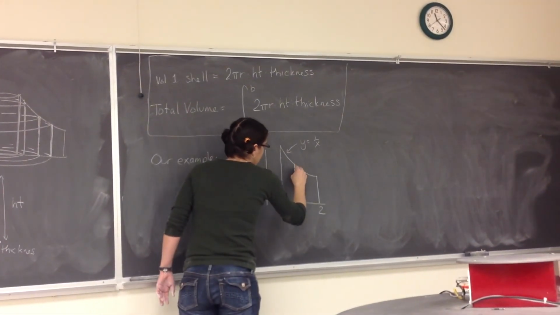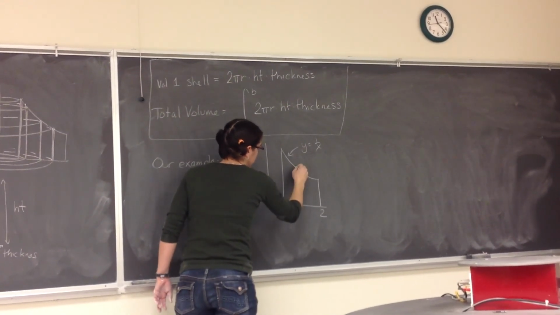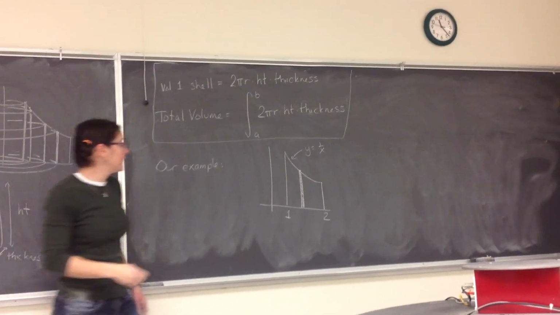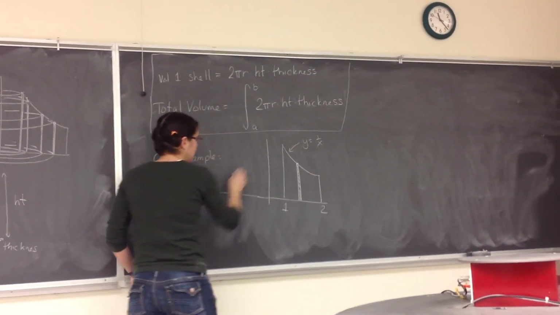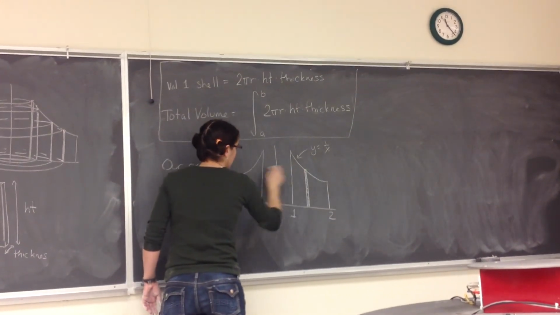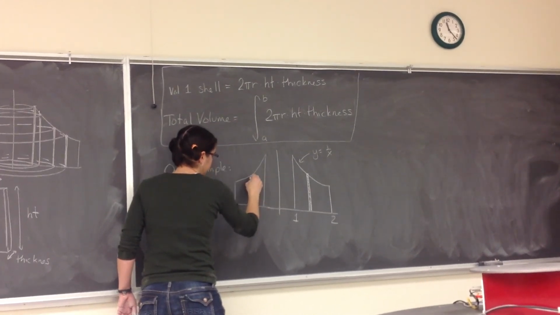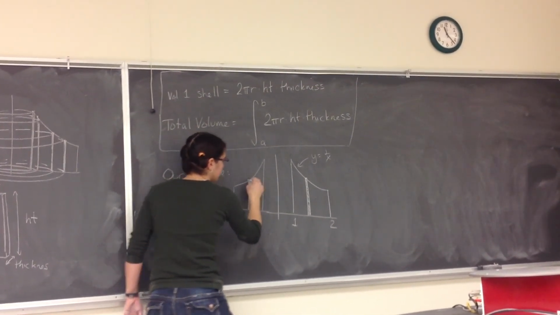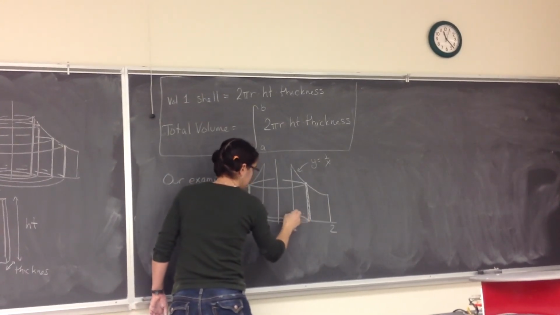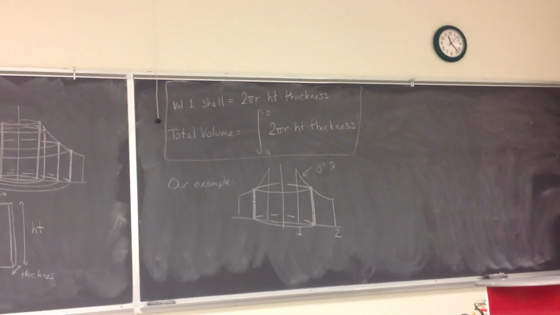And we're talking about a shell which starts with a vertical rectangle. That vertical rectangle swings out and pops back into the other side. And here's our sample shell.